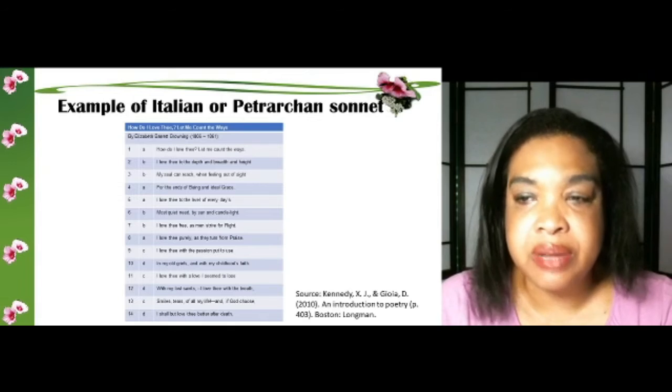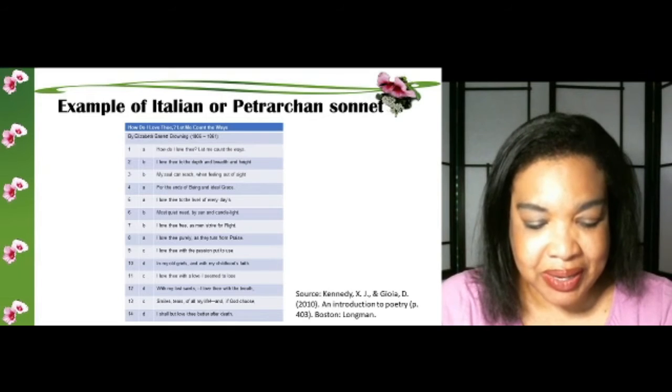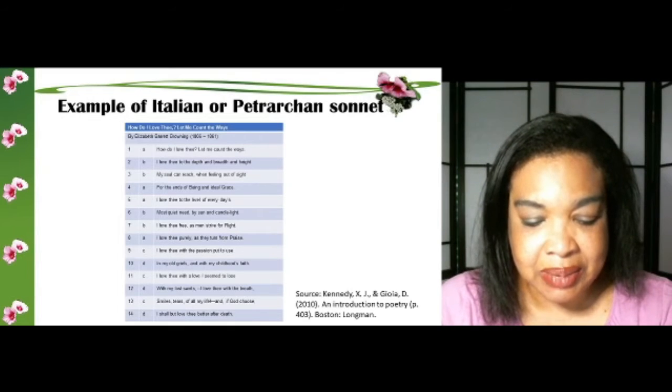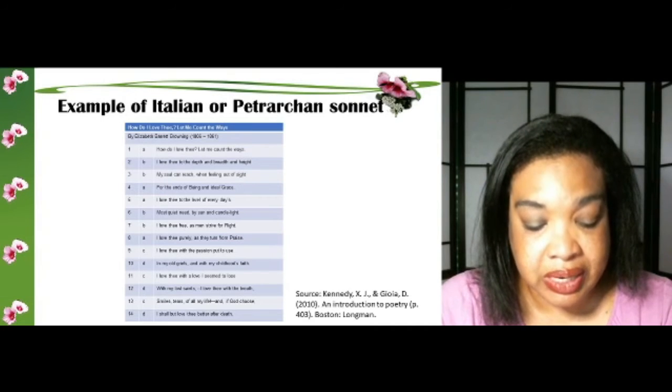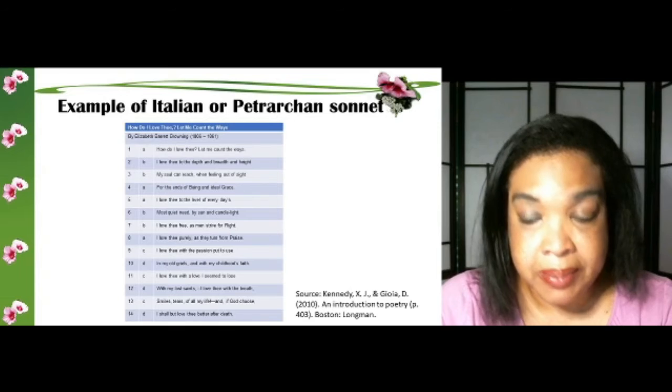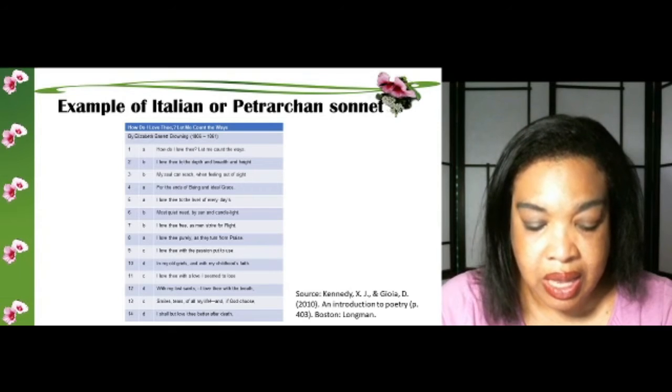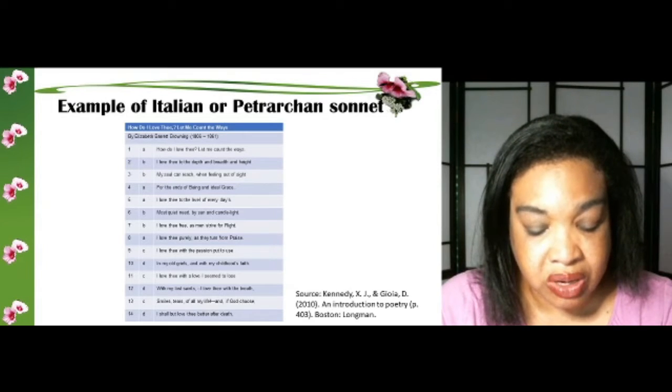How do I love thee? Let me count the ways. I love thee to the depth and breadth and height my soul can reach, when feeling out of sight for the ends of being and ideal grace. I love thee to the level of every day's most quiet need, by sun and candlelight. I love thee freely as men strive for right.